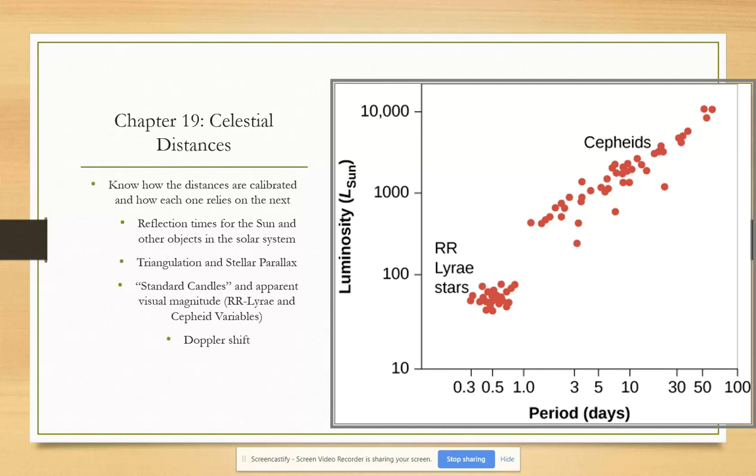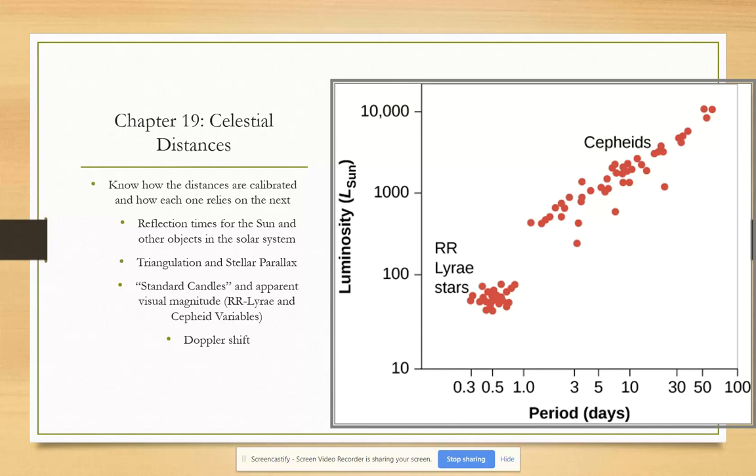So you find a variable star. If it is the right type of variable, you look at its period and you calculate exactly what its luminosity is. So that's considered a standard candle. You can determine its luminosity independent of anything else. And then you measure its apparent visual magnitude. You know its absolute visual magnitude, its apparent visual magnitude, boom. You can calculate the distance.